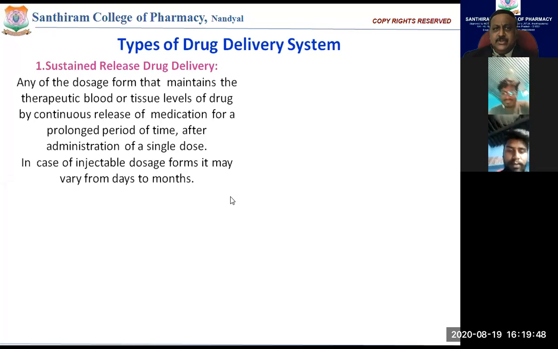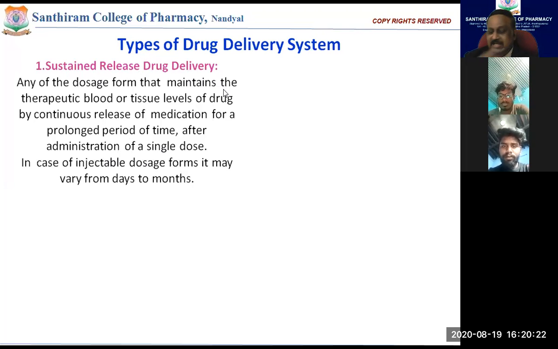Fine. So to talk about the sustained release drug delivery system, it is any dosage form, all of them are non-conventional, any dosage form which maintains the therapeutic blood or therapeutic tissue levels of the drug concentration by continuous release of medication for a prolonged period of time after its administration of a single dose is called sustained release drug delivery.